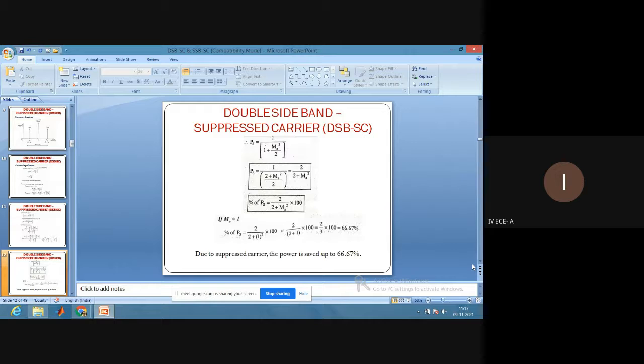Substituting ma equal to 1, we get percentage of power saving as 66.67%. So from this we can conclude that due to the suppression of the carrier signal, the power is saved up to 66.67% in DSB-SC system.